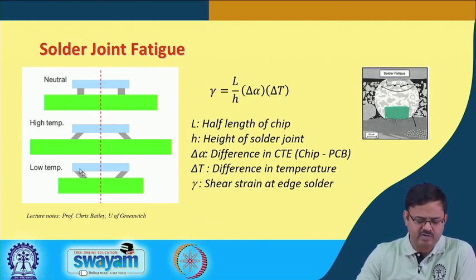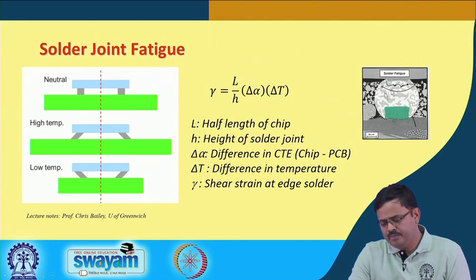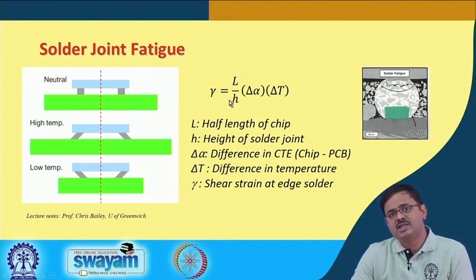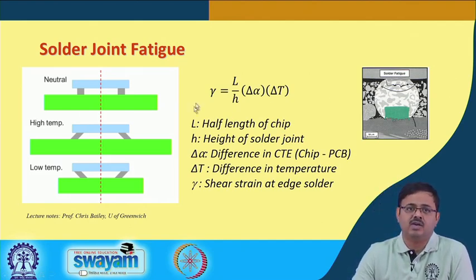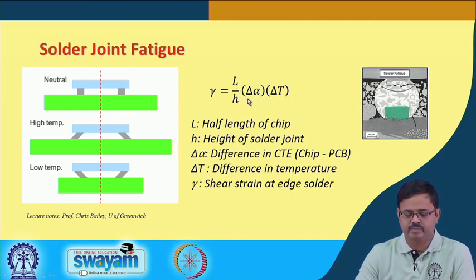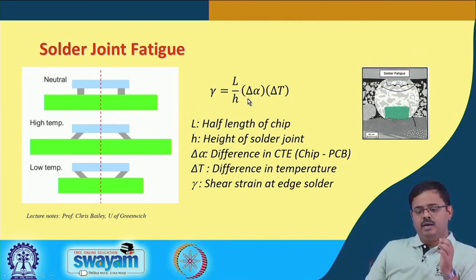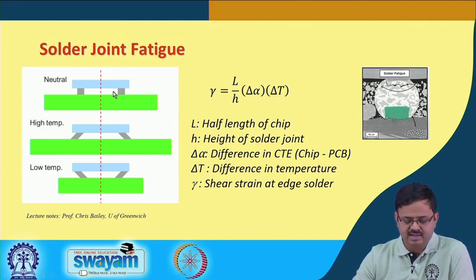This picture we had seen before. Now, if you look at the strain on the solder, what will it be? It is going to be L over H if the solder height is H and L is the distance, in this case the distance of the solder joint that is farthest away from what is called the neutral plane.